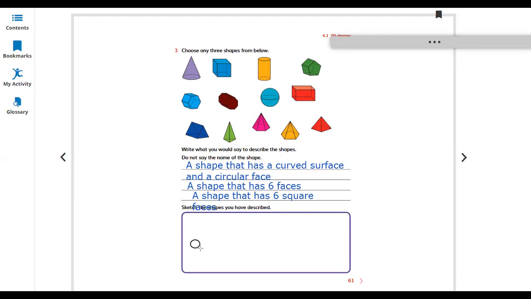So the first one, the shape I described, it's the cone. And the second one, cuboid.